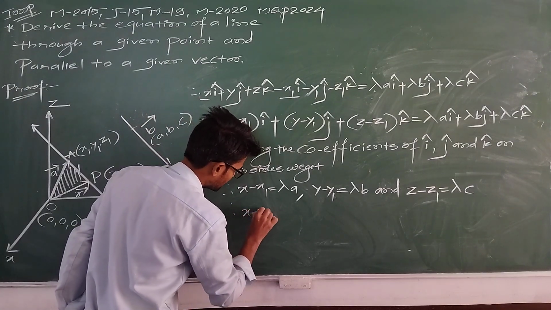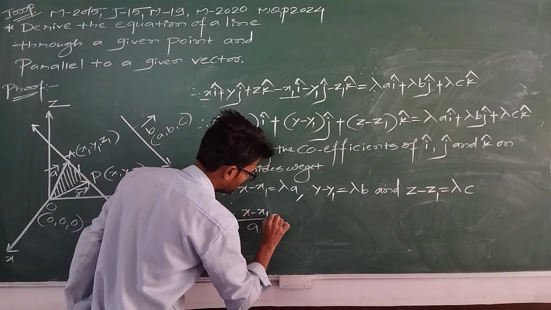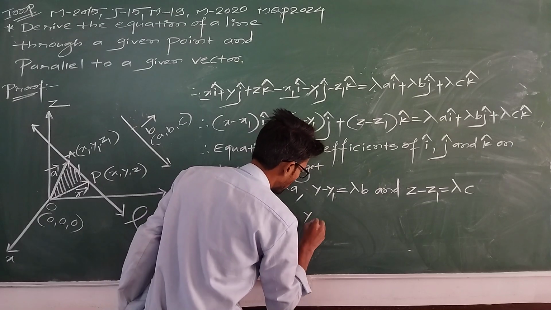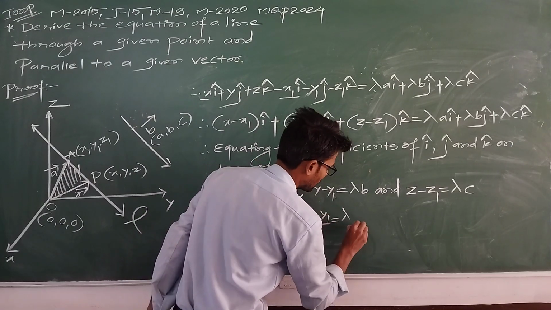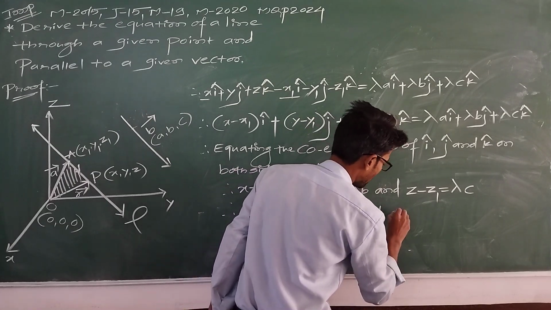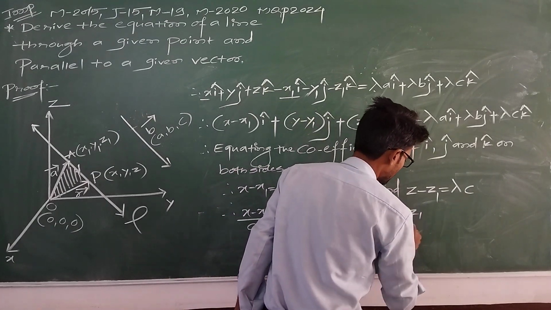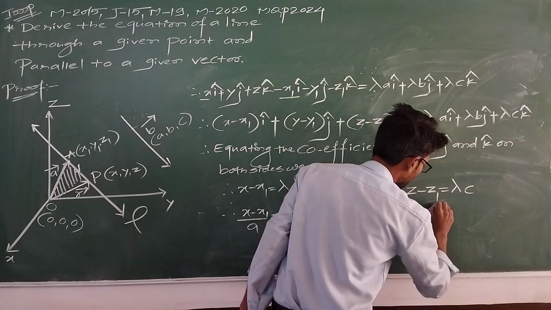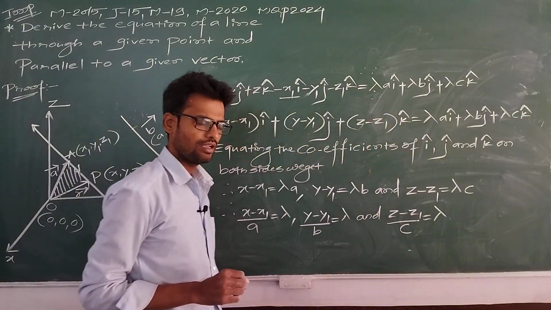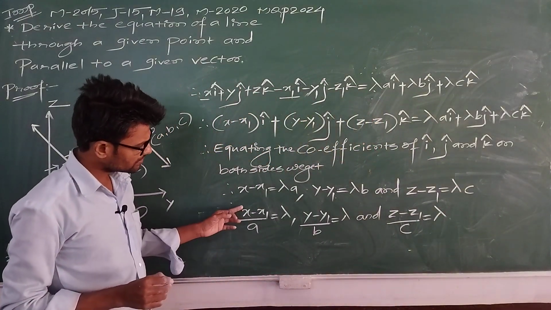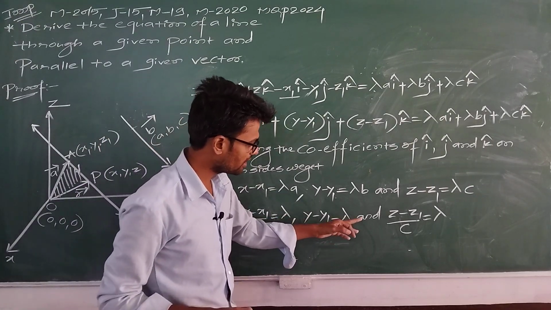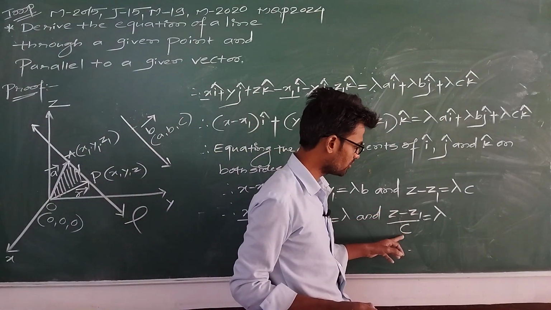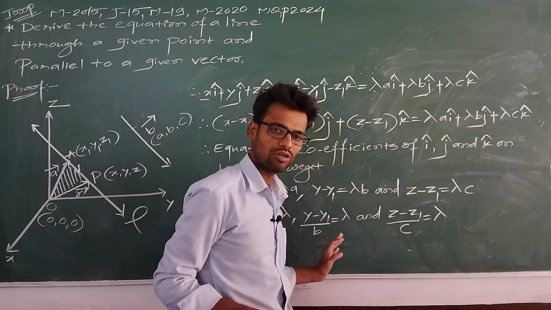Now you find the value of lambda. You get x minus x1 divided by a equal to lambda, y minus y1 divided by b equal to lambda, and z minus z1 divided by c equal to lambda. So all are equal to lambda.